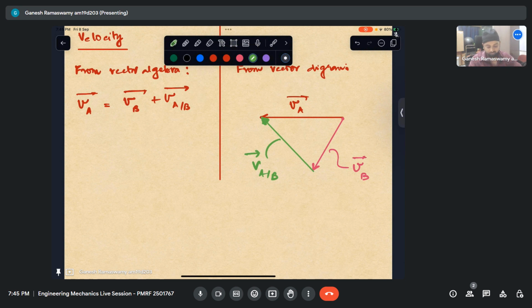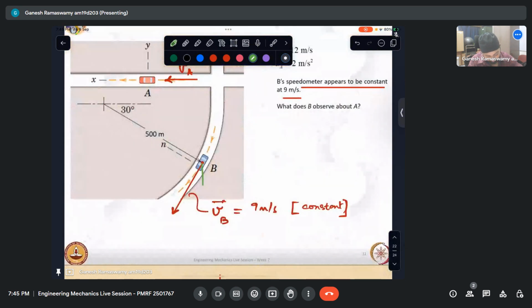So from the graphical approach, I know that this is 30 degrees, because if I draw a line here and a line there, I can see that this is 30. So this also has to be 30 degrees.